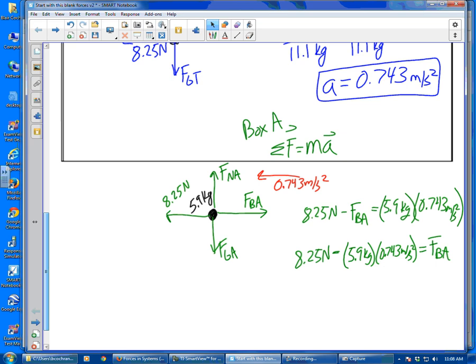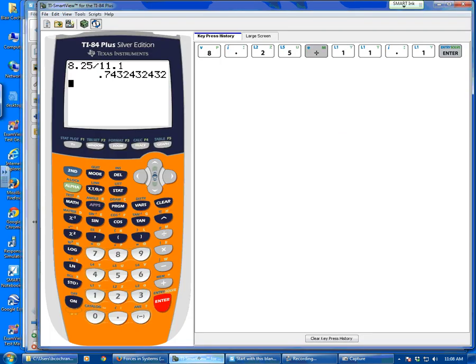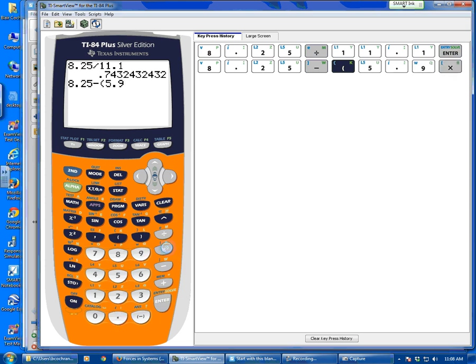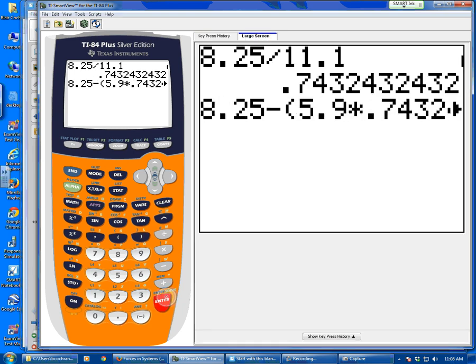So, let's see. 8.25 minus, parentheses, 5.9 times, so there's that number. Close parentheses. Enter.